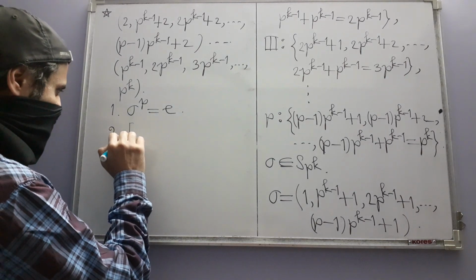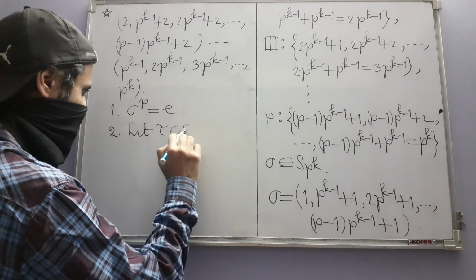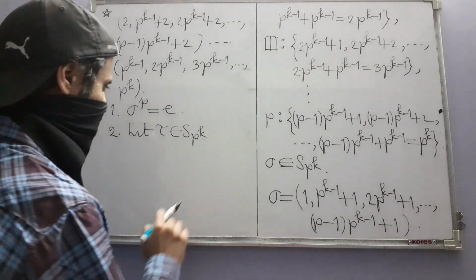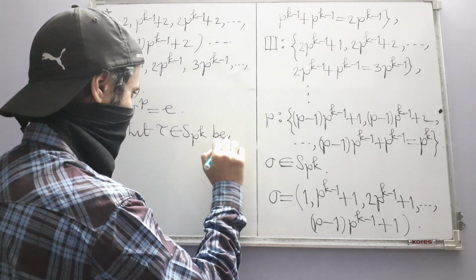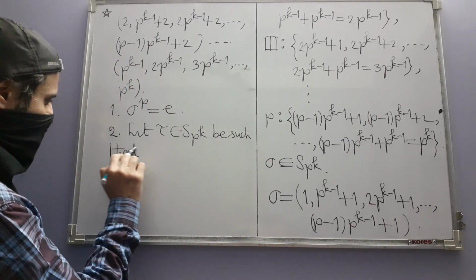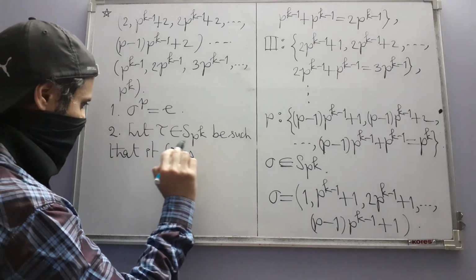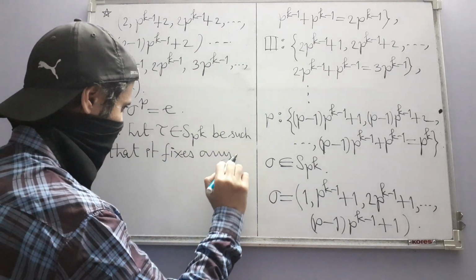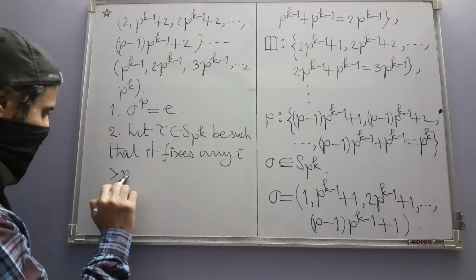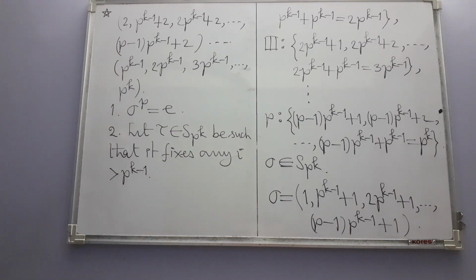Let tau in S_p^k, that means it's the permutation, be such that it fixes any i greater than p to the power k minus 1.